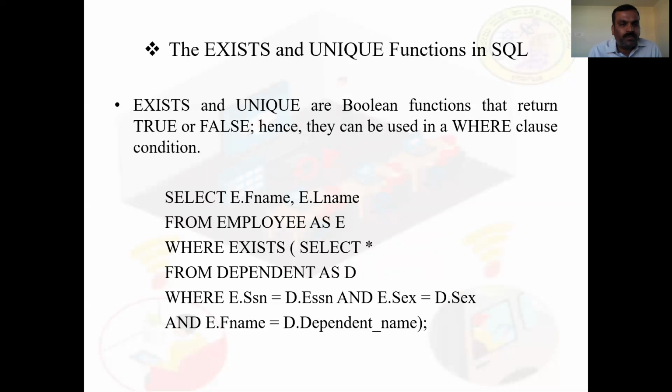For each employee tuple, evaluate the nested query, which retrieves all dependent tuples with the same social security number, sex, and name as the employee.